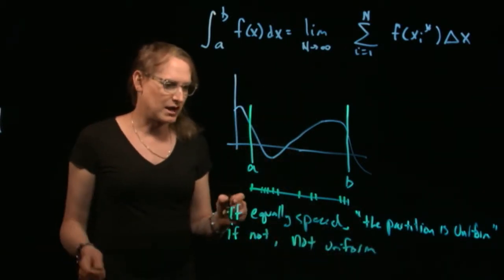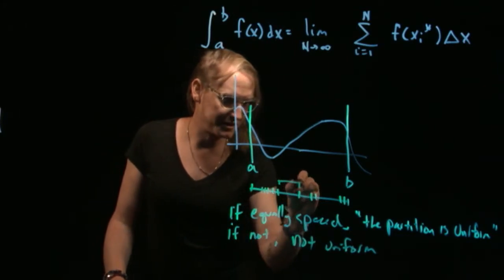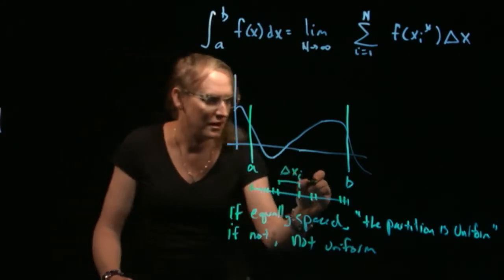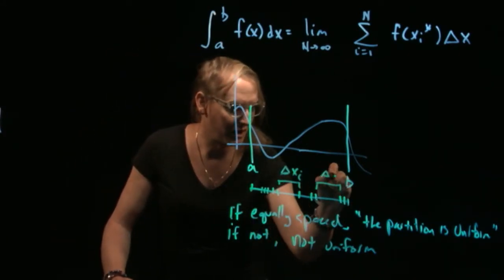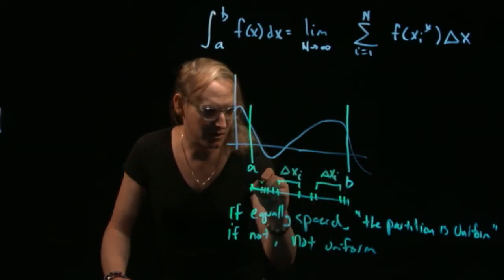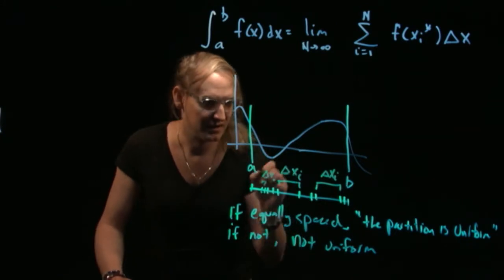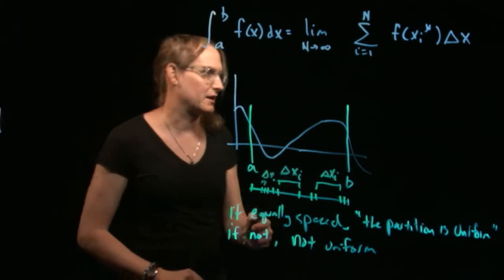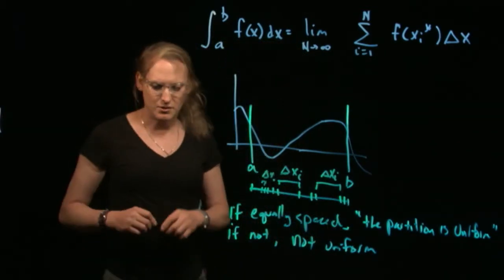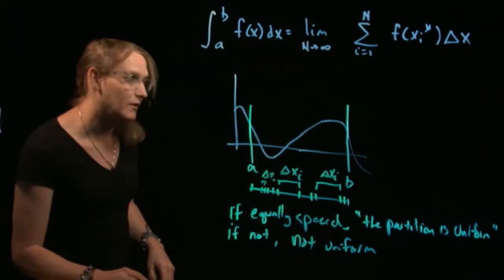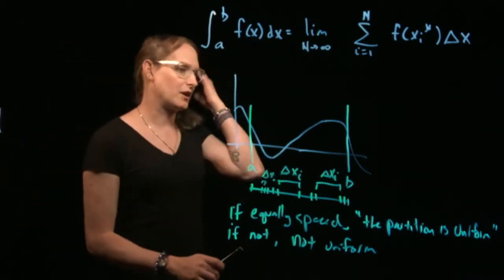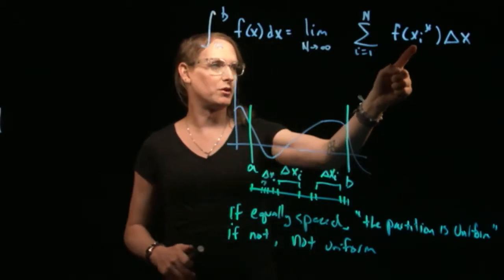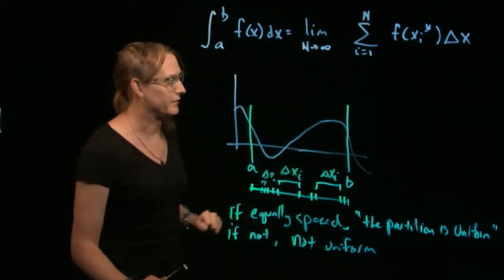So in this particular case, I don't just have one delta x. I've got a delta x that depends on which interval I'm talking about. So I've got a bunch of different delta x values. Here's delta x2, delta x6. So in the definition that's written up here, this delta x doesn't have a subscript on it, so it's not allowed to vary with which interval x sub i star lives in.